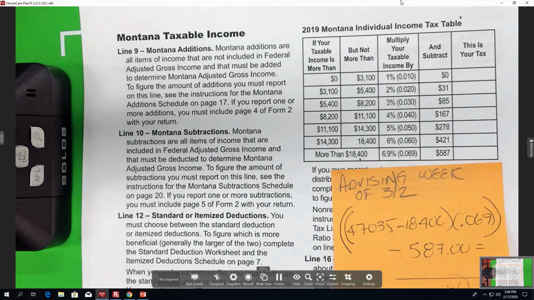Then you've got to compare that to how much she paid in, and what I'm looking for is, does she have good news or bad news? Is she getting money back, or is she paying in?